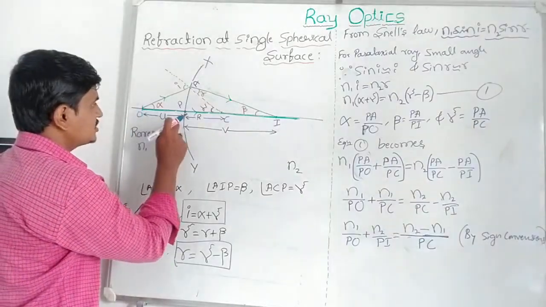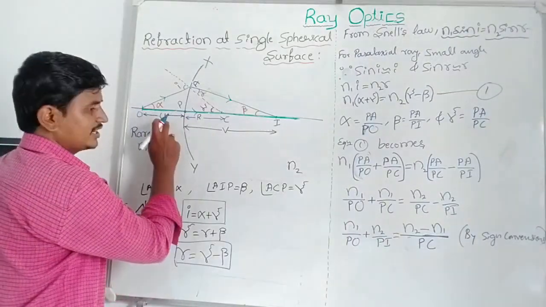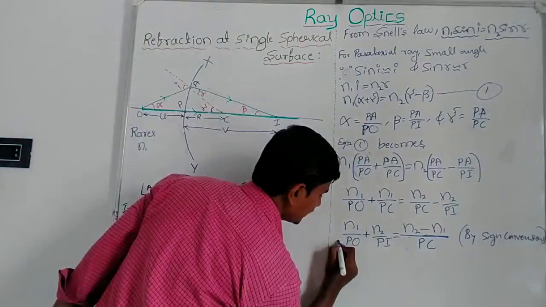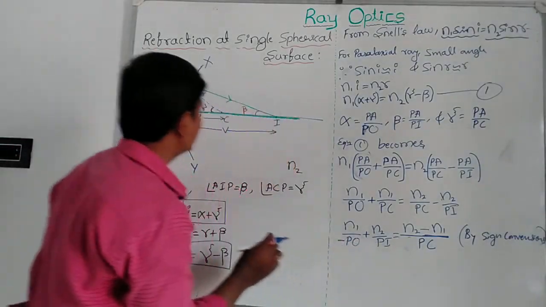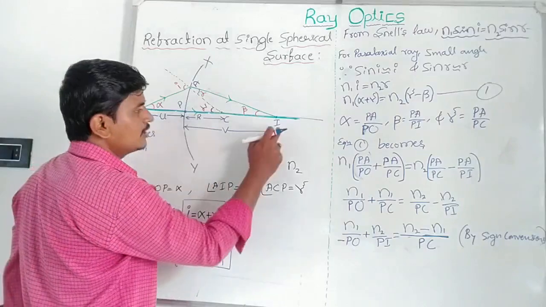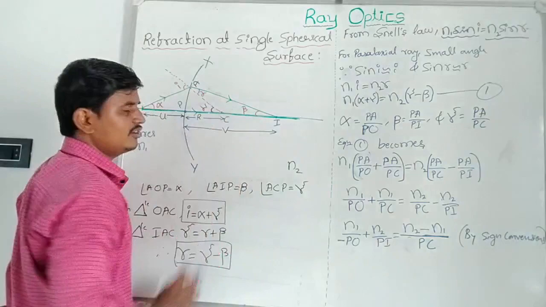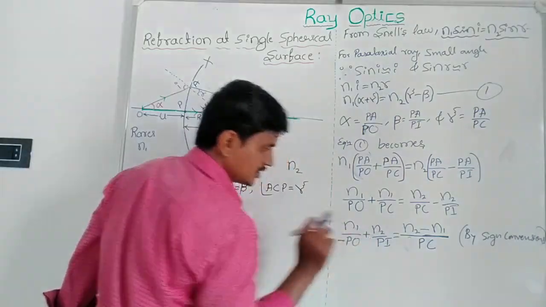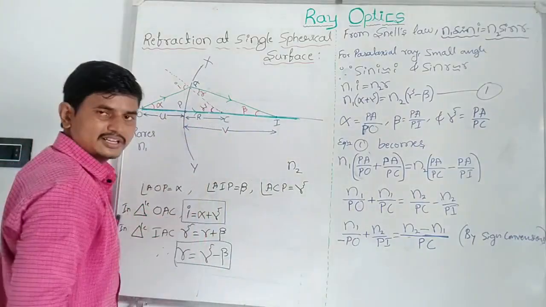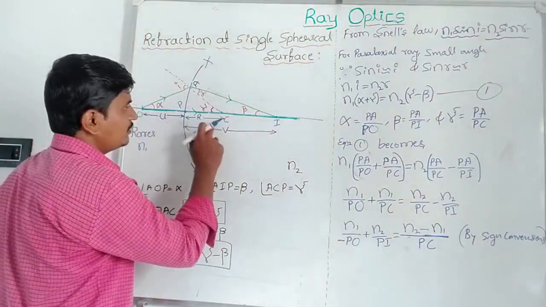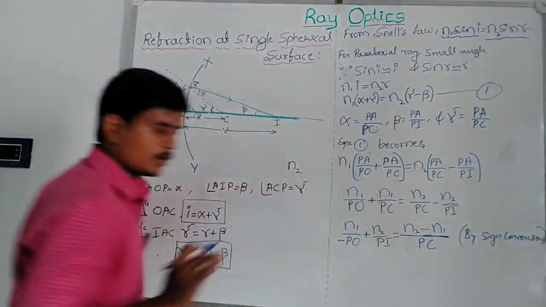It is measured opposite to the incident light, hence it is taken negative. PI is the distance from pole to image, measured along the direction of incident light, hence it is positive. PC is the distance from pole to center of curvature, in the same direction as the incident light, hence it is also positive.